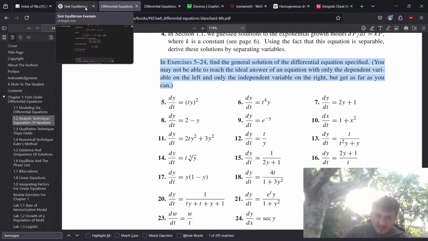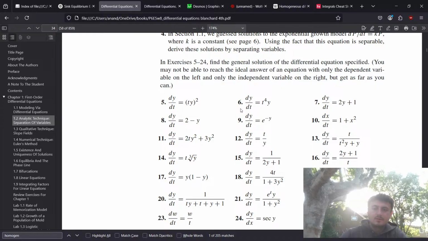Number 6, ln y is equal to t to the 5 over 5 plus c. We're going to get absolute value of y is equal to c e to the t to the 5 over 5, so that's that.